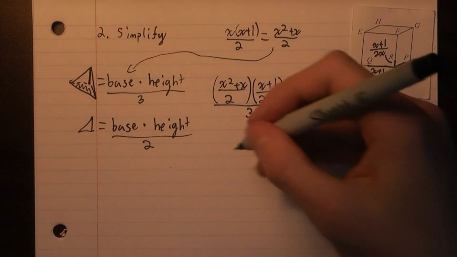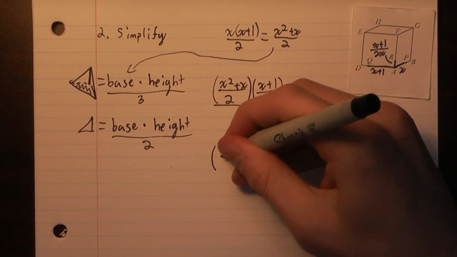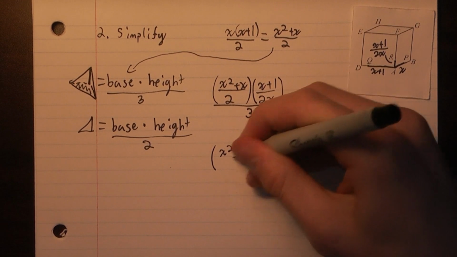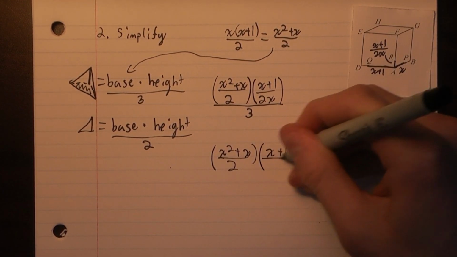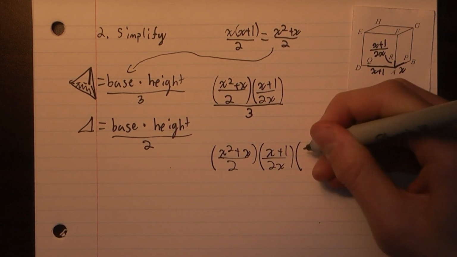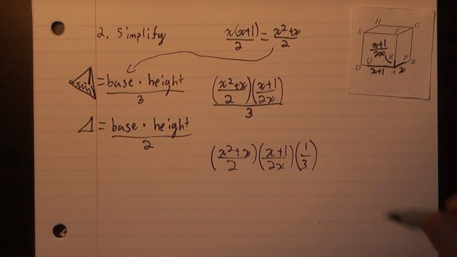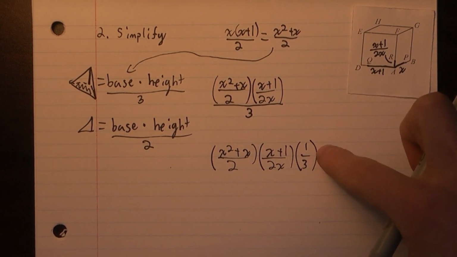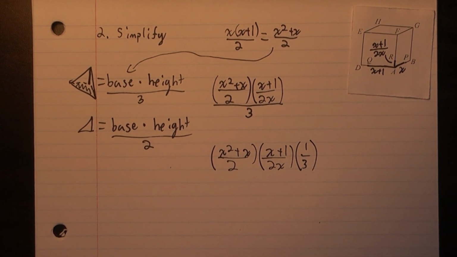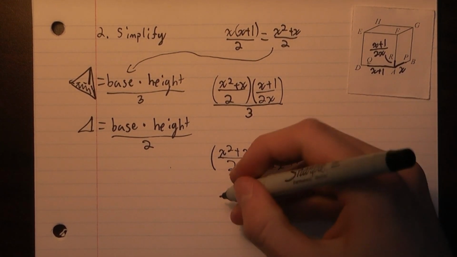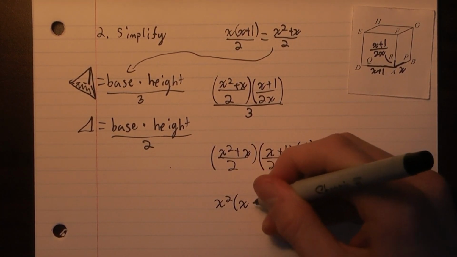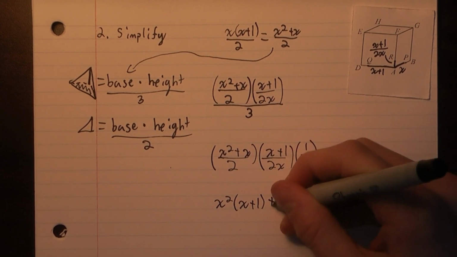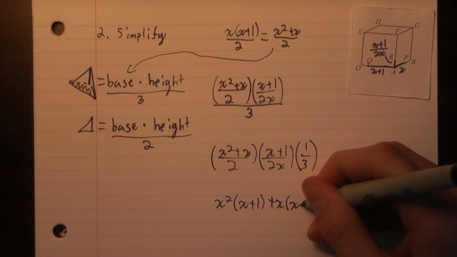Another easier way to write this is x squared plus x over 2 times x plus 1 over 2x times 1 over 3. This is the same as dividing it by 3. So now we can multiply all the numerators together and all the denominators together. x squared times x plus 1 plus x times x plus 1.